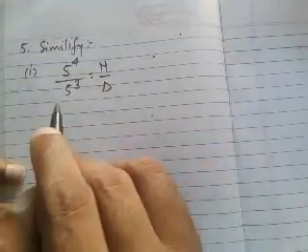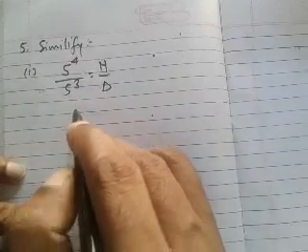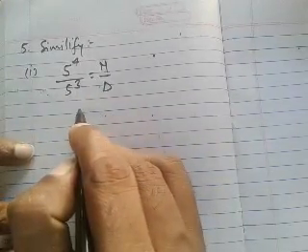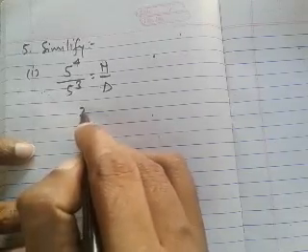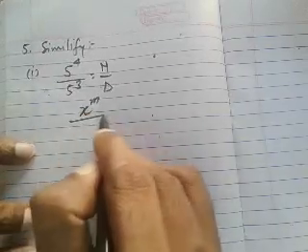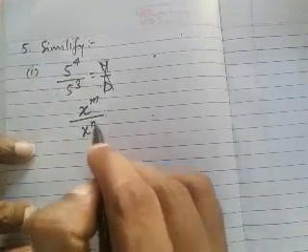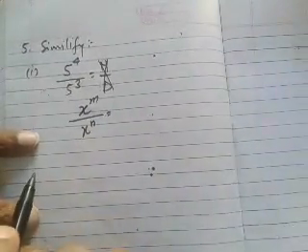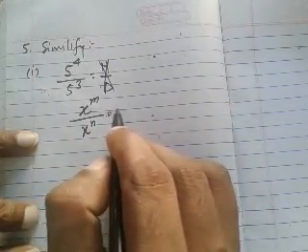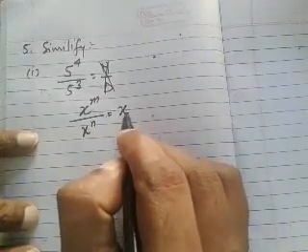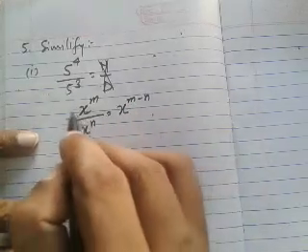So here we will use another law of exponent. Suppose that a rational number is expressed as x raised to the power m divided by x raised to the power n, then we can also write this number, if the base is the same, as x raised to the power m minus n.